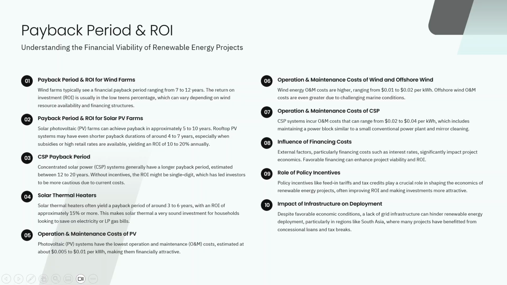So another important parameter when it comes to renewable energy projects is the payback period and the return on investment, right? If you look at the payback periods and return on investment for wind farms, they typically see a financial payback period ranging from 7 to 12 years, right?